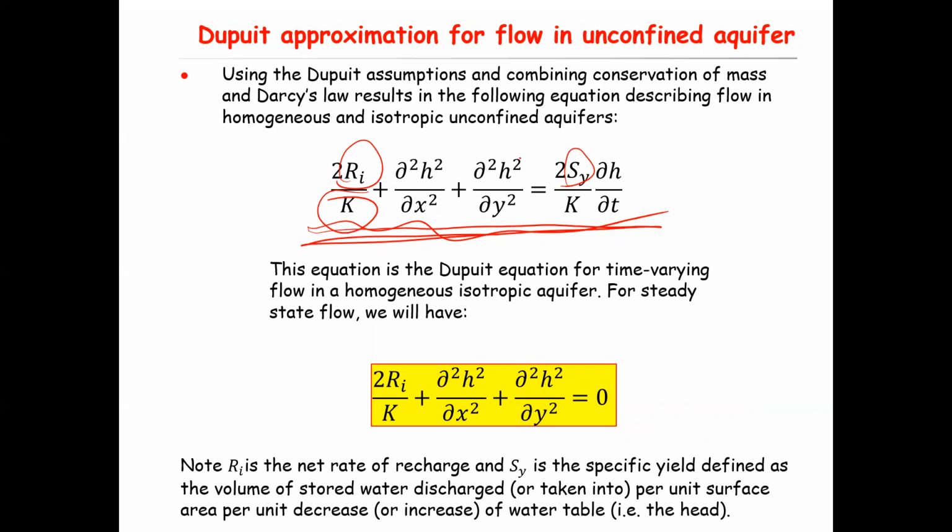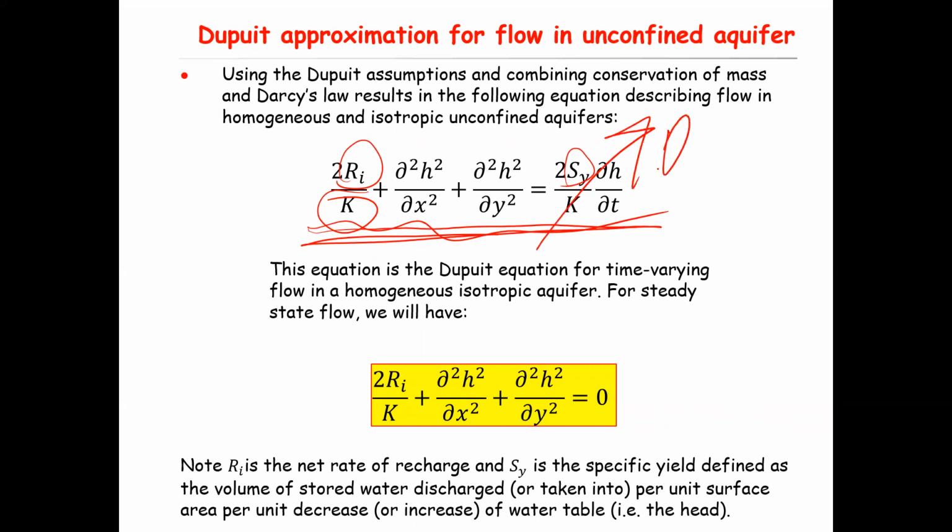Ri is the net rate of recharge to that aquifer, and Sy is the specific yield, which we defined in one of the previous lectures as the volume of stored water discharged per unit surface, per unit decrease of the water table, or per unit decrease of the head. So you had this definition before. In the case of a steady state condition, like we assumed in the past, this term will be out, equal to 0.